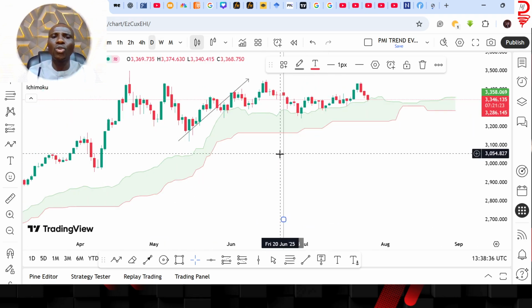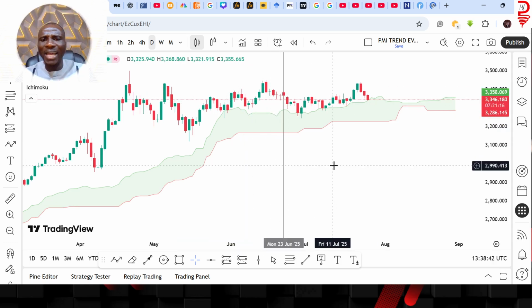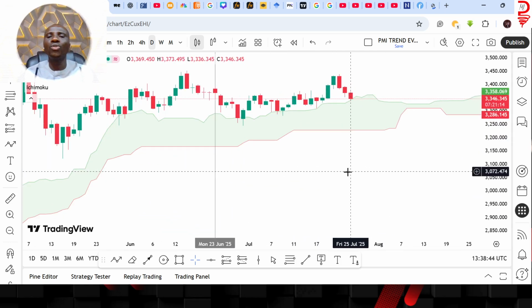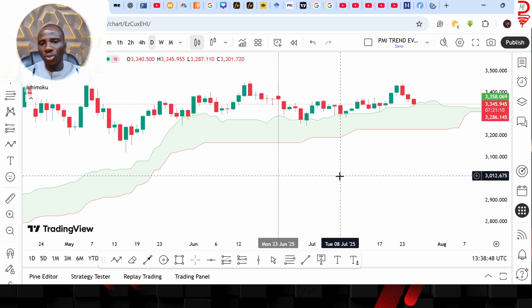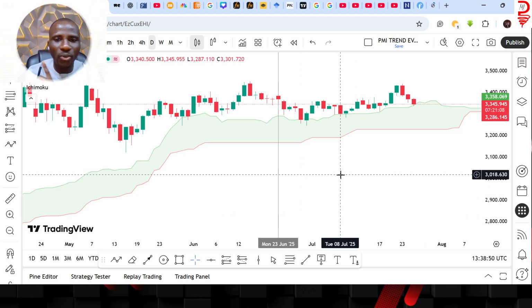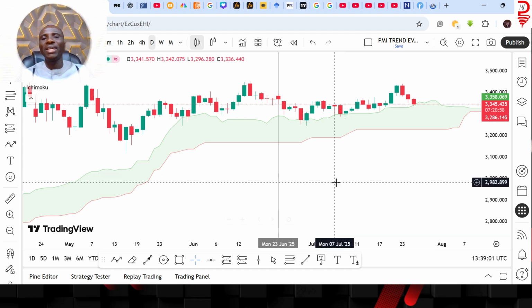On your daily, you can now begin to analyze the market structure. What you do when you get to the daily chart is that you analyze the market structure. Remember this, don't forget. In fact, you can apply what I'm about to say to your trading strategy if you are not using the Potential Miners trading system.